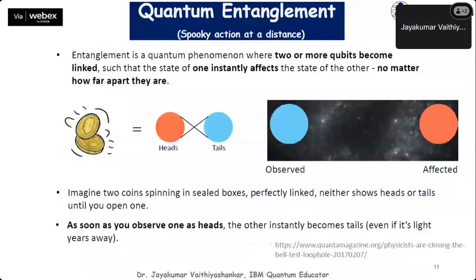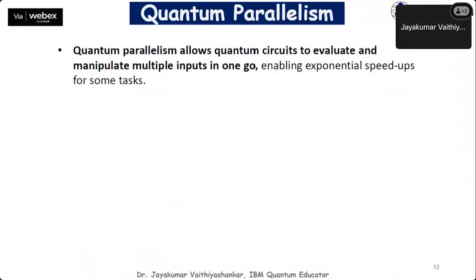So by refreshing superposition and entanglement, we can look at what quantum parallelism is. Quantum parallelism allows quantum circuits to evaluate and manipulate multiple inputs in a single shot, which will enable exponential speedup for some tasks. So if you want to increase the speed of your operation, you can go for quantum parallelism.